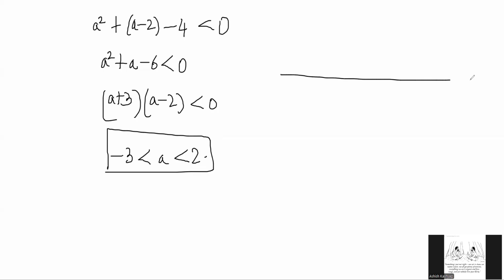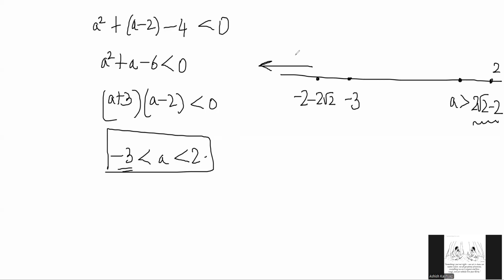And notice earlier we had gotten a is less than minus 2 root 2. This was the region of a, and there was a region here, it is greater than 2 root 2 minus 2, right? 2 root 2 minus 2 is actually smaller than 2, by the way. And minus 3 is bigger than this. So our region was, from the earlier condition, this region. And from this condition, we have between minus 3 to 2, right?